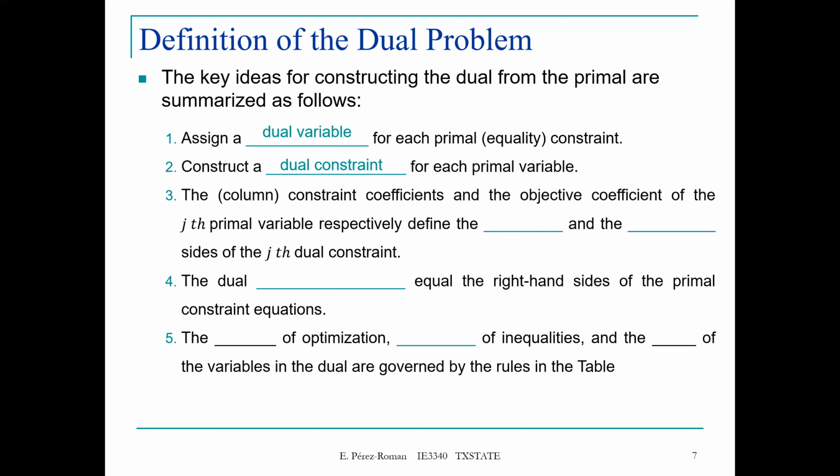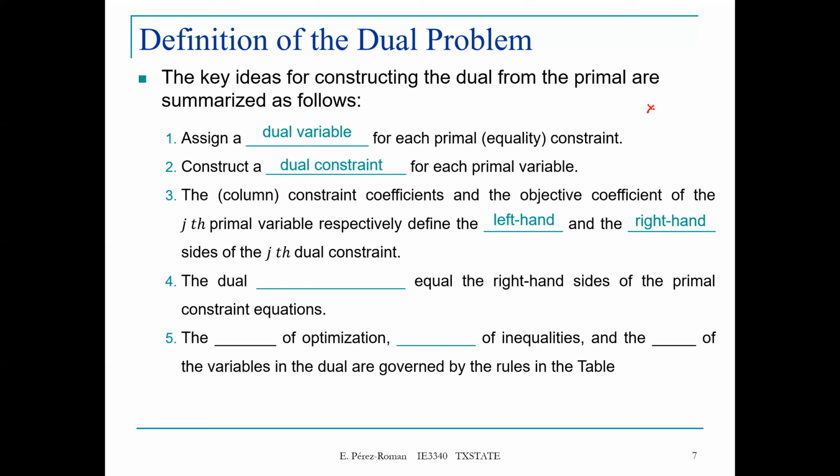Okay, so how are we going to do that? The column constraint coefficients and the objective coefficient of the j primal variable, respectively, define the left hand and the right hand side of the j dual constraint. So basically, if you have x1 defining a variable for your primal model, let's say x1 shows in the first constraint, the second constraint, the third constraint. So that's going to form a column. So this is what I'm referring to.